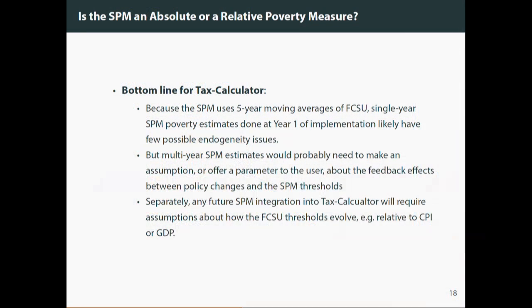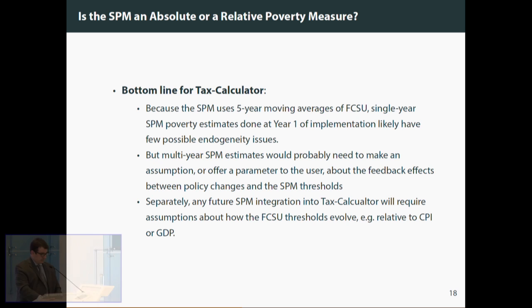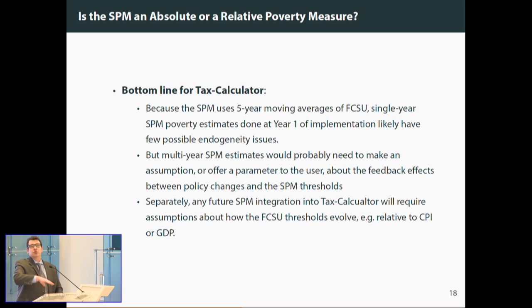So I think the bottom line for you, the tax calculator user, and I'll end this discussion here because I don't want to bore you with the technicalities of poverty, is that if you're estimating a single year of poverty, and you're doing it at the beginning of your policy impact, you don't have to worry much about the endogeneity of the SPM poverty measure.